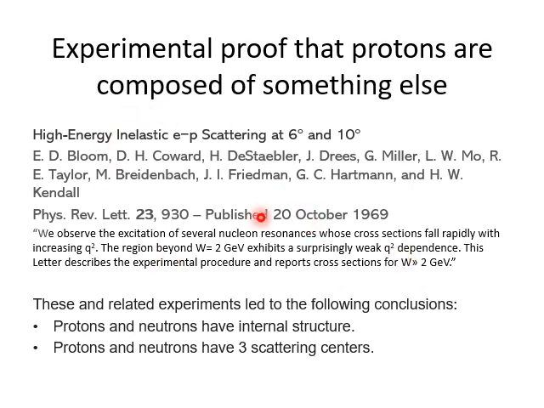So these experiments and related experiments led to the following conclusions: that protons and neutrons have internal structure. And furthermore, they could determine that protons and neutrons, remember they just scattered off hydrogen, so there's just protons in there, for example, seem to have three scattering elements, three scattering centers within their structure.